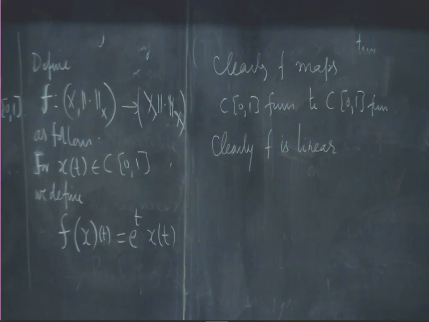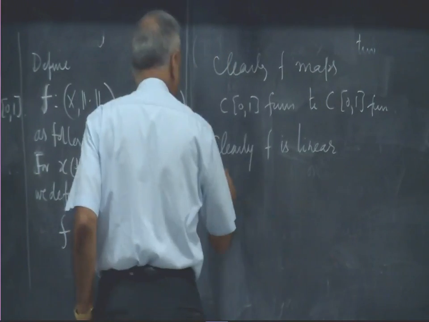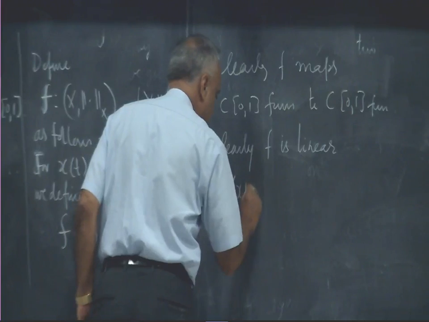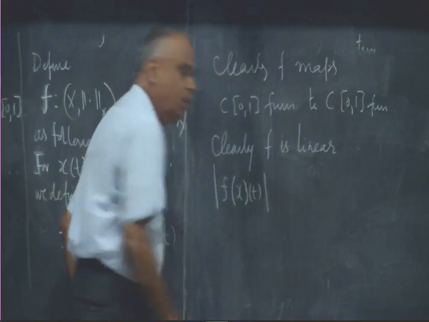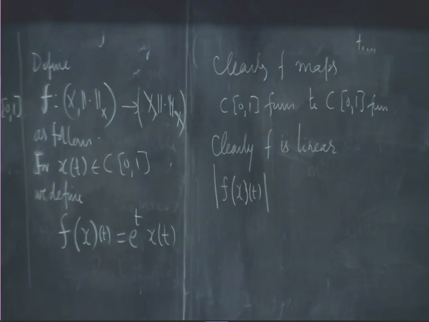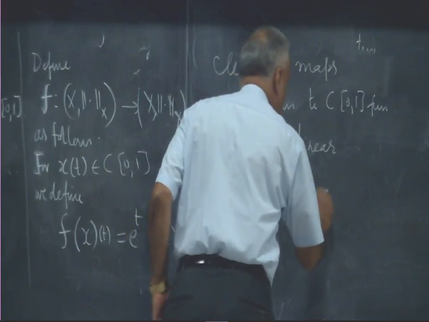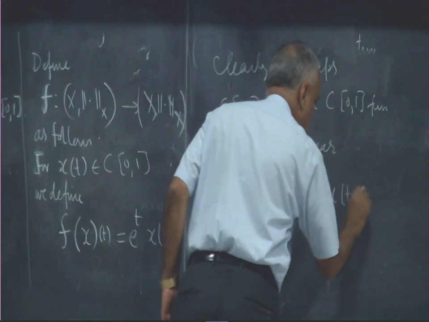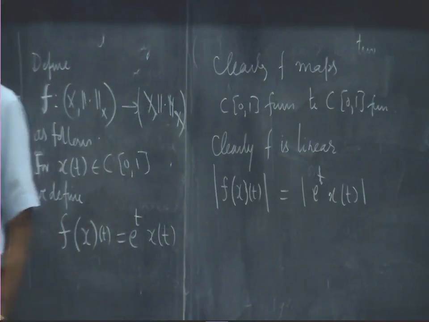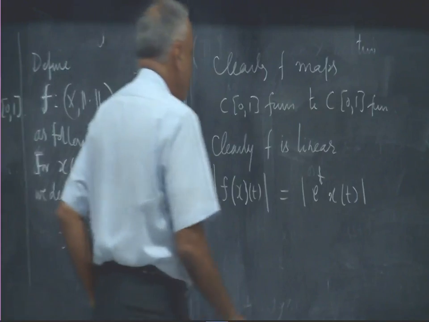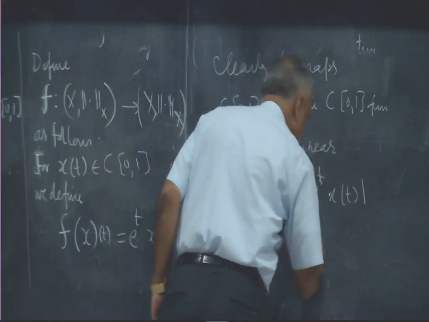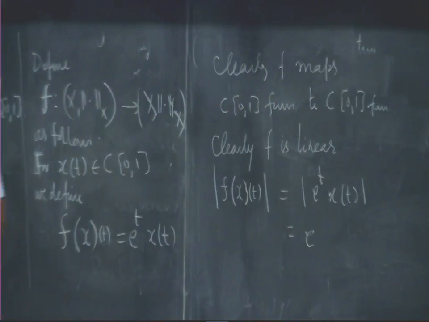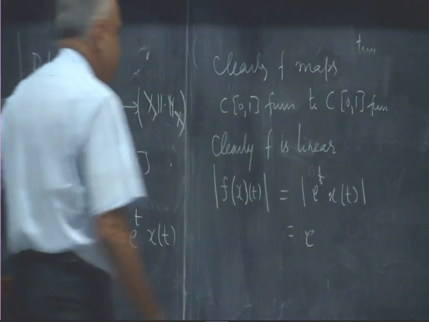Is it bounded? So let us look at the modulus of f of x at t, the modulus of the coded version. The modulus of the coded version is the modulus of e to the t times x(t). Now what is the maximum of e to the t? e to the power of 1, times mod x(t).